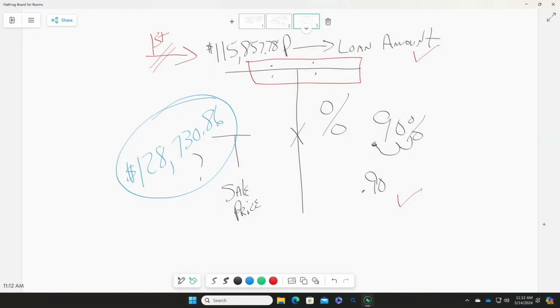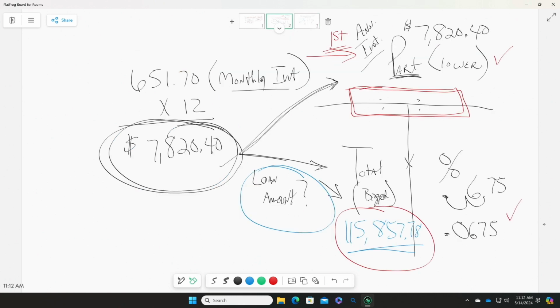It's always a great idea, and you have plenty of time to double check your math. So let's double check our math. I'm going to go back over to number 2. 651.70 times 12 gives me 7,820.40.